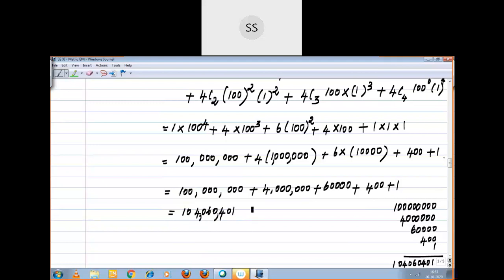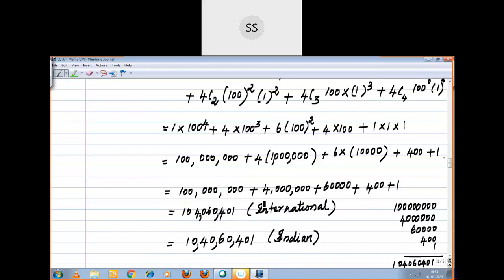Got it, children? If you want, you can express it in the Indian system as well as the international. This is international. Indian system means 10,40,60,401.